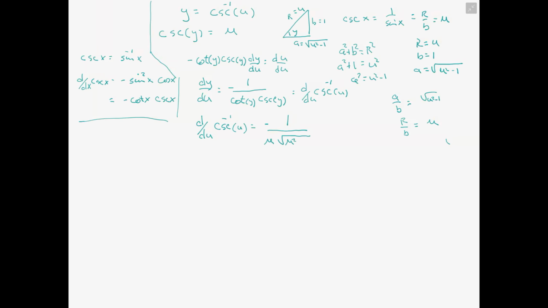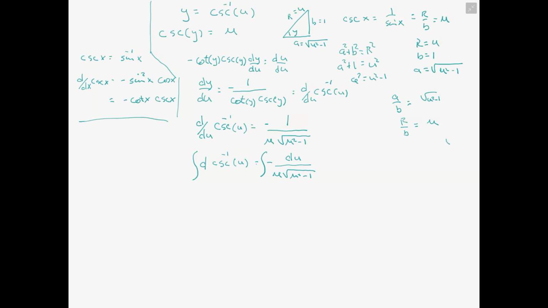So this is u times the square root of u squared minus 1. And now we just multiply across by du, and we've got d arc cosecant of u equals minus du over u square root of u squared minus 1.